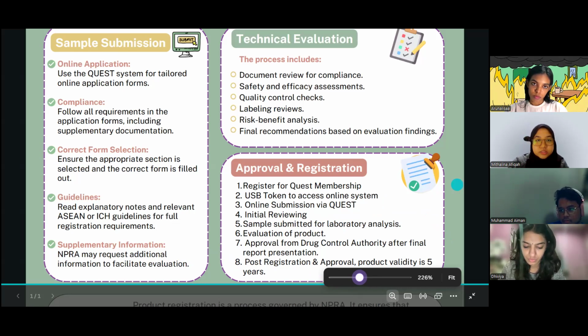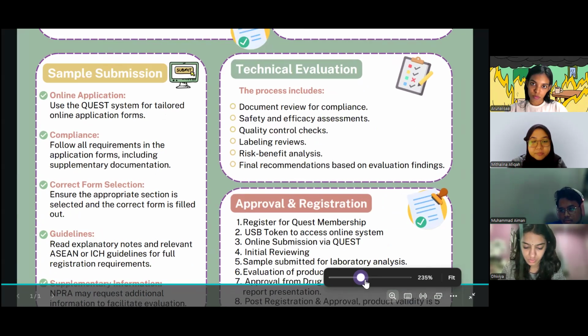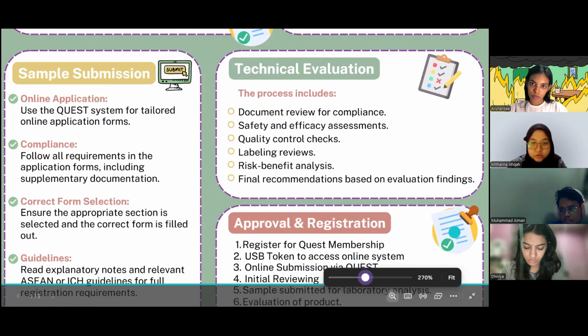Moving on to the technical evaluation. The first one is document review for compliance. The MPRA will check that all submitted documents are complete and comply with regulatory requirements. If the application is incomplete, it may be delayed and might lead to rejection. And then safety and efficacy assessment.